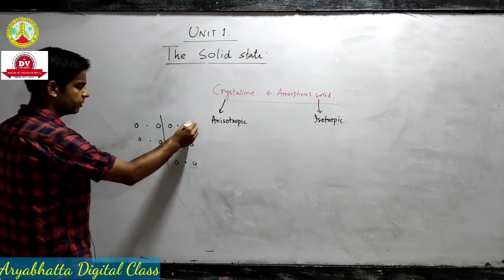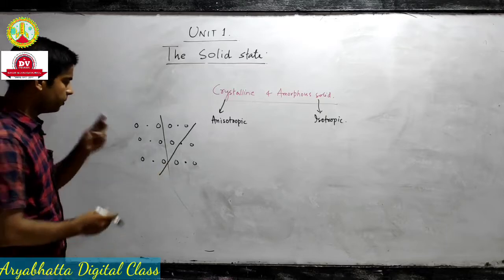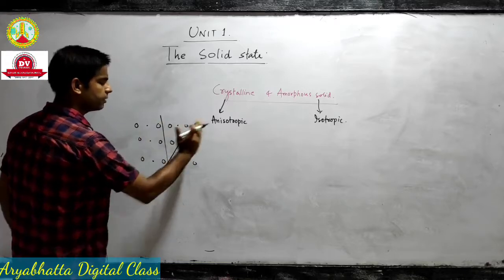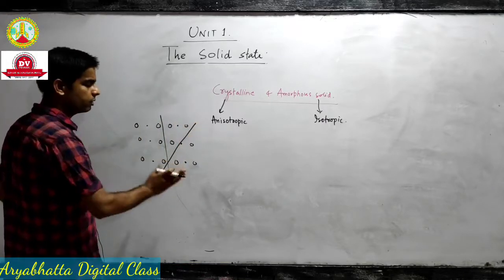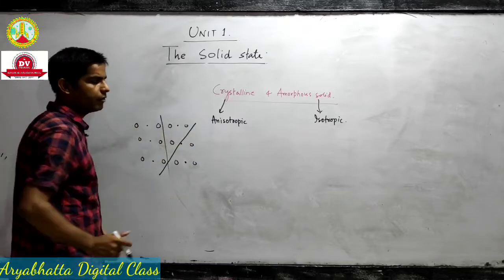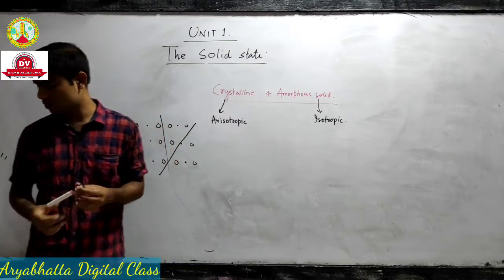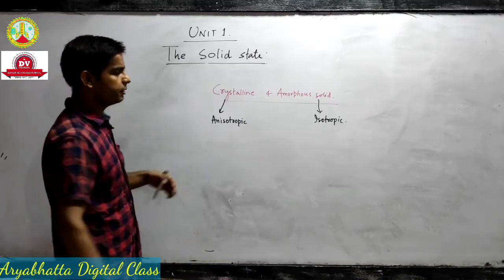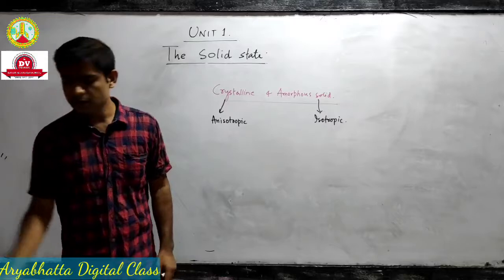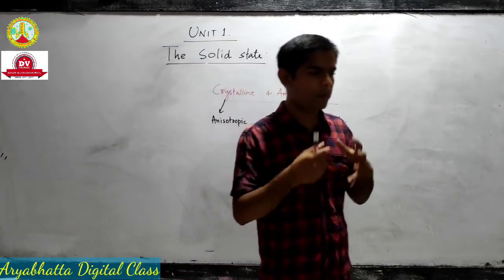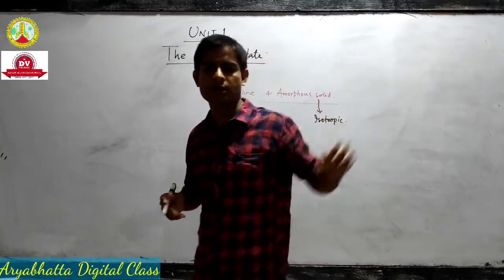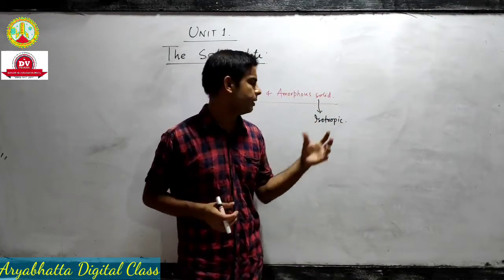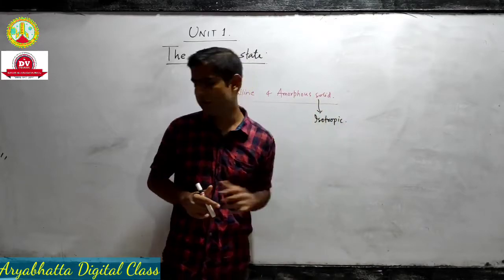Now if you see this breaking, if I break like this, I will get different cutouts, and if I cut it like this, I will get different cutouts. But in amorphous solids, the arrangement does not persist through long ranges; they have only a short-range regular arrangement. That's why they don't show this variation.